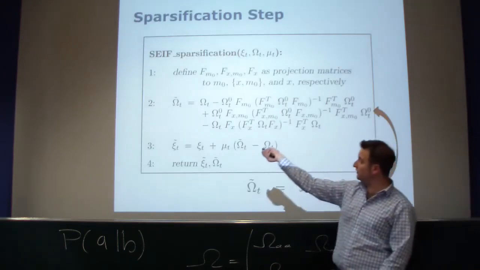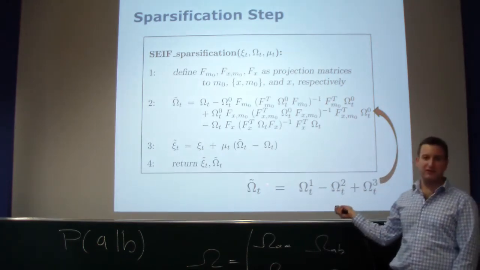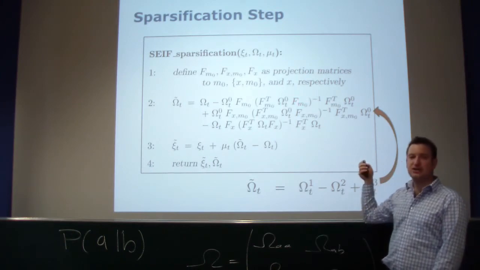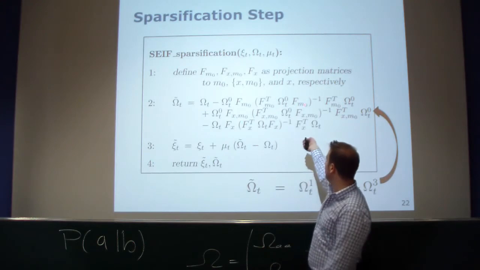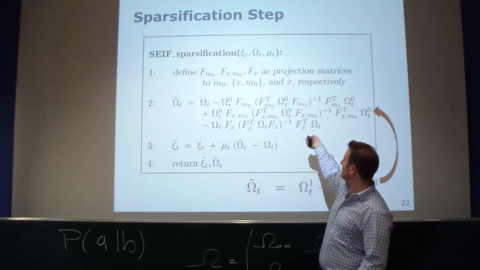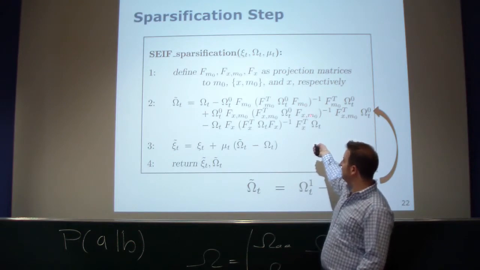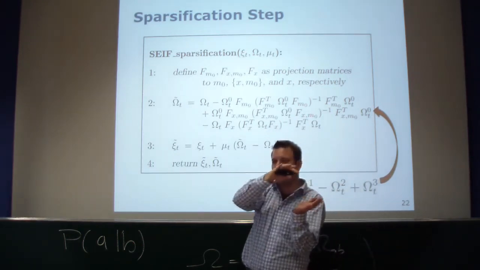What you see in here is this big ugly block. This is exactly the sum of these three matrices. These F_M matrices, as I said before, are just projection matrices which take the high-dimensional space and project it to the active landmarks that become passive, to the robot's pose, and exactly this set. So you have these projections from the big matrix into smaller blocks.